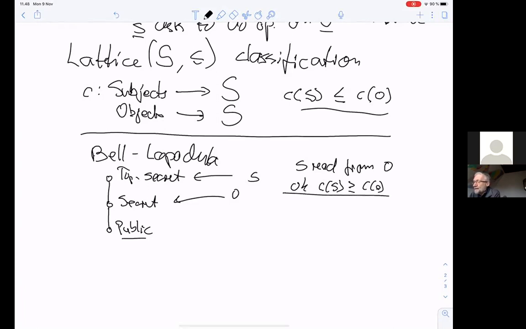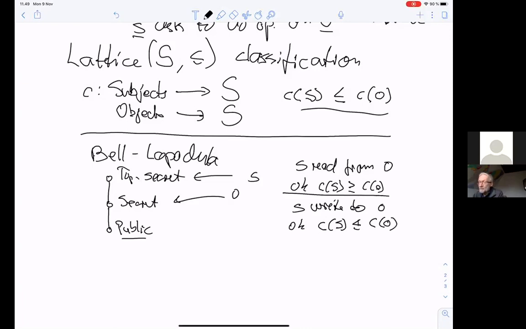And then there was another rule. If S wants to write to object O, then they say that's okay, but only if the opposite inequality is satisfied. So only if the classification of the subject is less than the classification of the object.